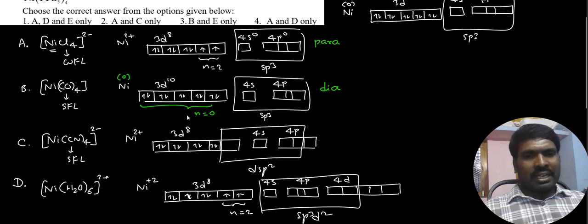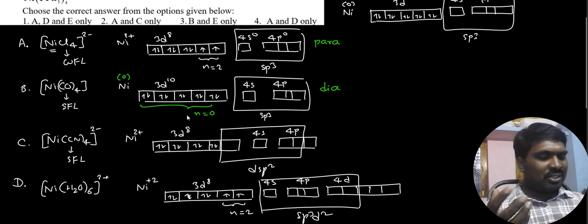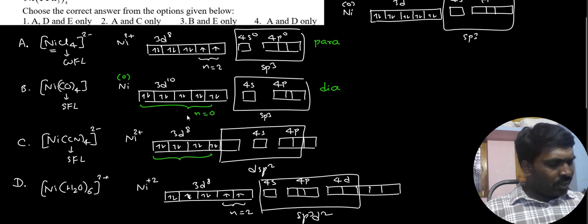Then 4 cyanide ligands donate their lone pairs to one 3d orbital, one 4s orbital and two 4p orbitals. So dsp2 hybridization, a square planar complex. The above two complexes are tetrahedral, but Ni(CN)4 2 minus is square planar. Here also no unpaired electrons, so it is also a diamagnetic complex.